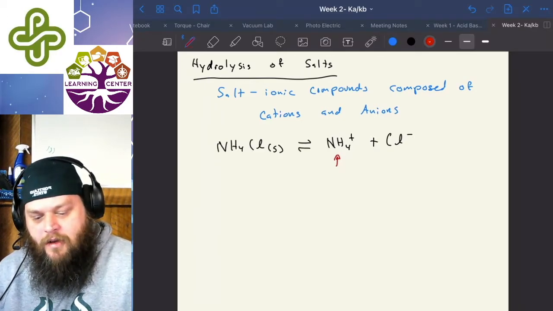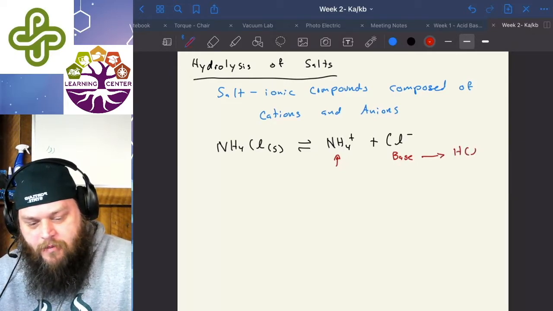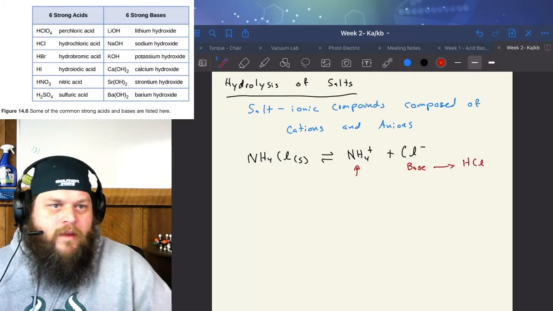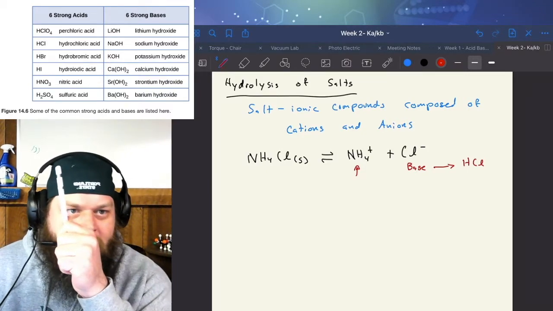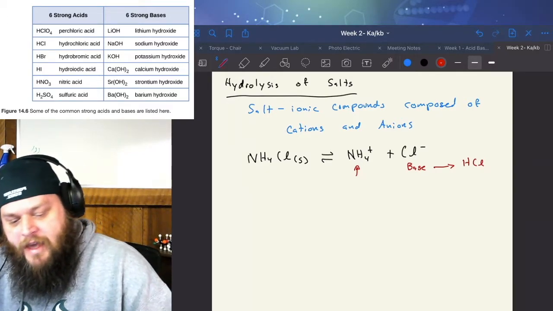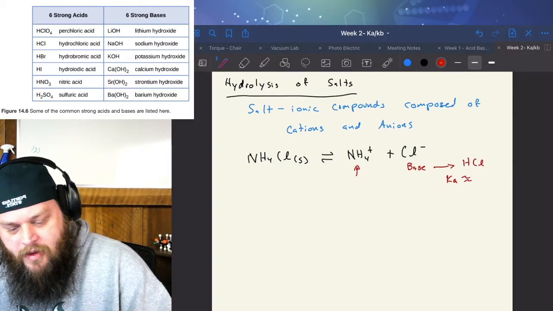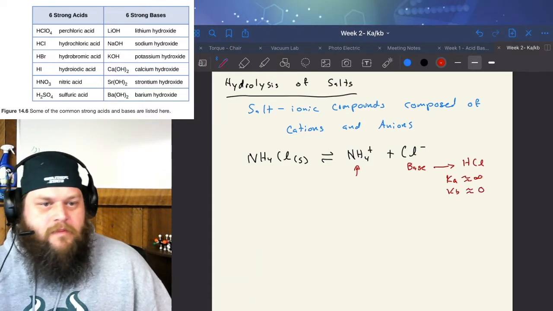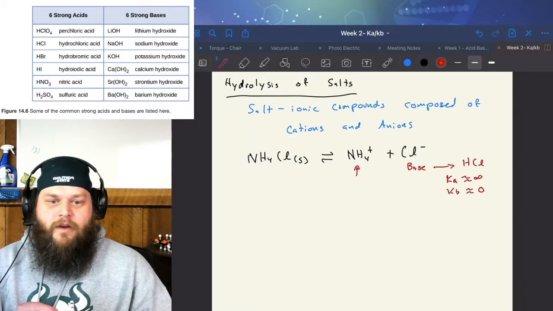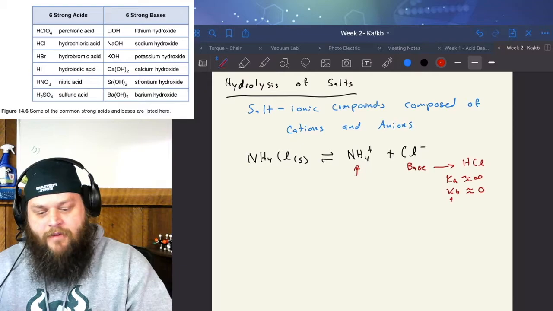The chloride, on the other hand, can act as a base, but it's an incredibly weak base. In fact, the conjugate acid of this base is HCl, which is one of our strong acids, right? Hydrochloric acid, which means it's going to completely dissociate in water. So the Ka of this is going to be approximately infinity, where the Kb is going to be about 0, because once it's fully dissociated, we're doing the products divided by the reactants for the Kb and Ka values.